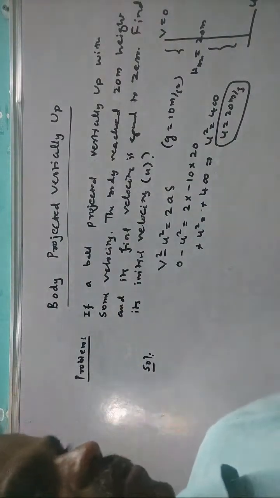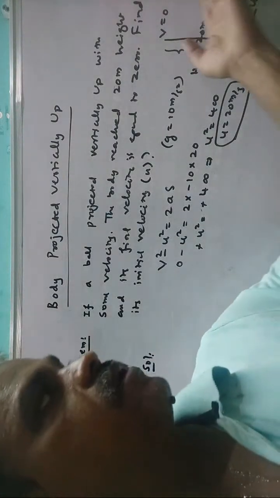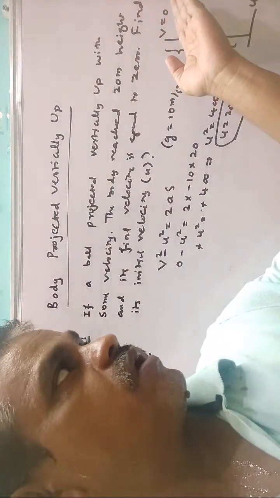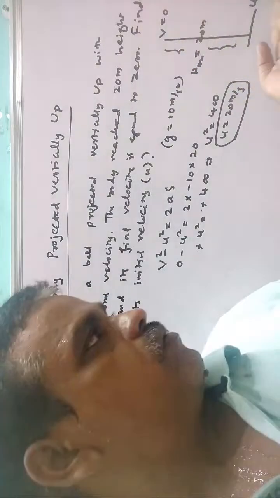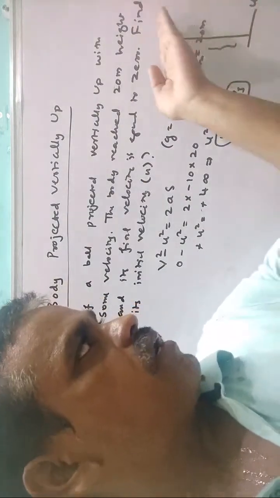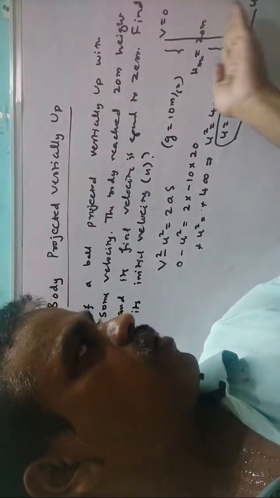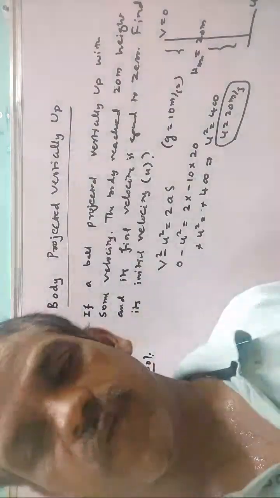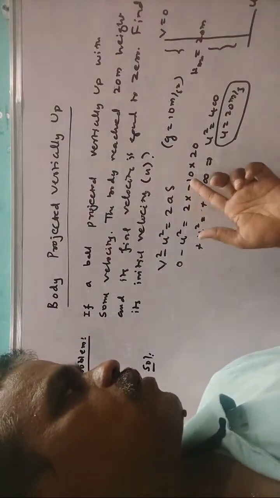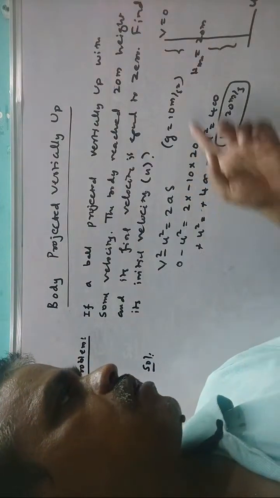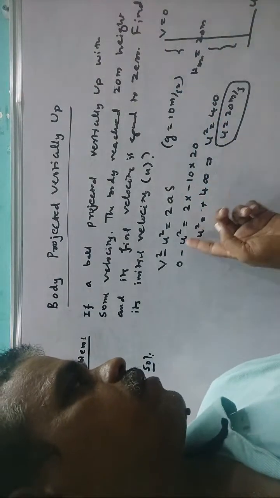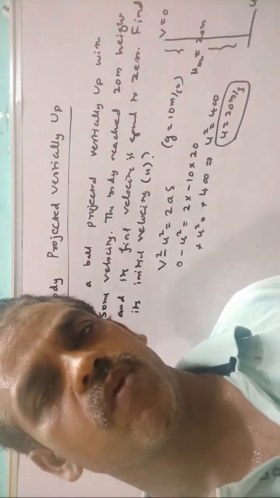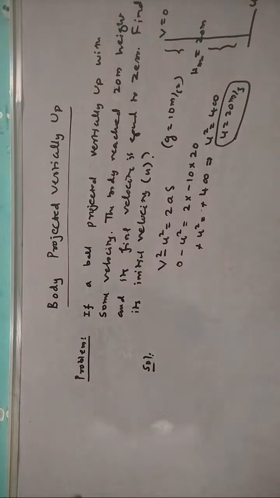So we projected with some velocity, it reached some height. After reaching that height, the velocity of the body will be 0. While the body is going in the vertical up direction, a equal to minus g. That I used here, a equal to minus g, that is minus 10. H equal to 20 meter, maximum height will be 20 meter, u square equal to 400, so u is 20 meter per second. Just simple. Okay, nice. Just copy it.